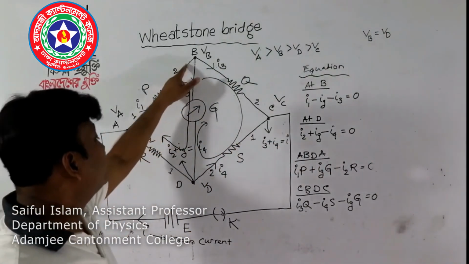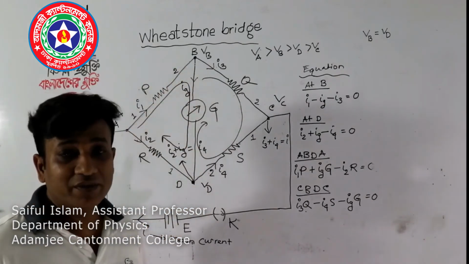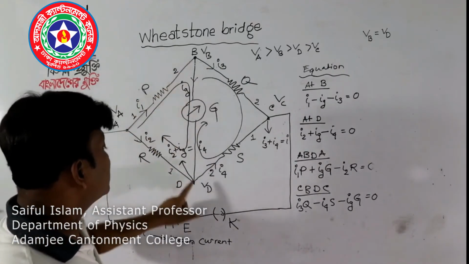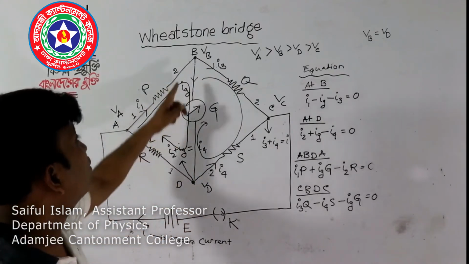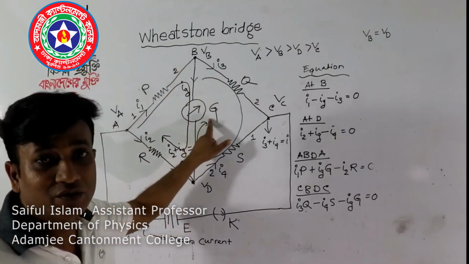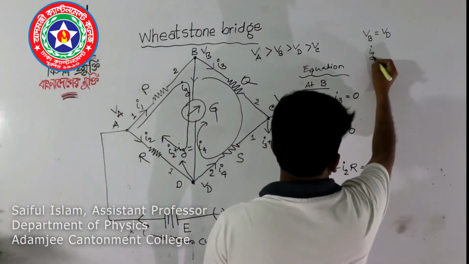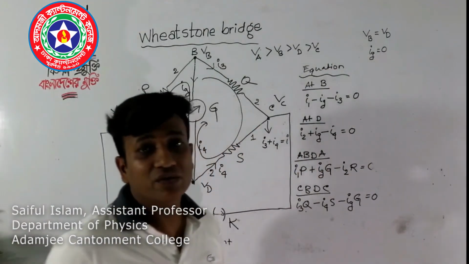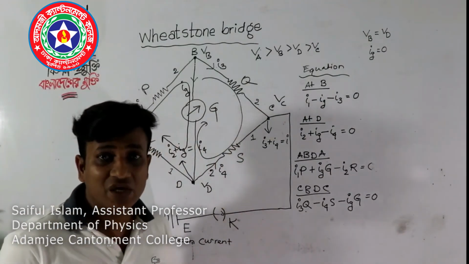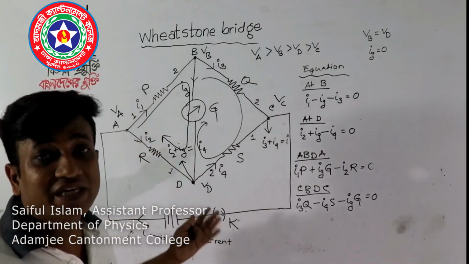So the potential difference between the two ends B and D will be 0 because their potentials are the same. If the potential difference is 0, then no current will flow from B to D across the galvanometer. That's why the value of Ig will be 0. In this case, the bridge will be in balance.